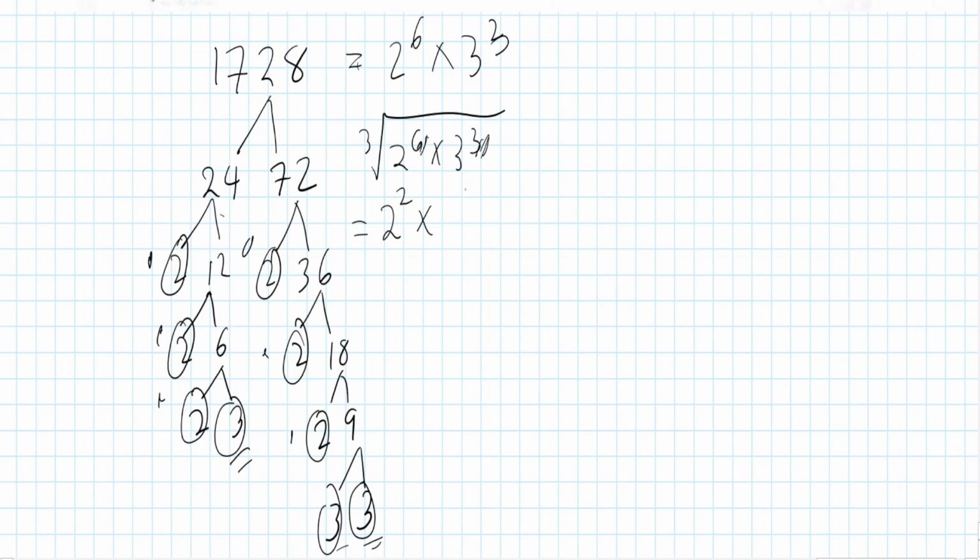And take 3 divided by 3 as well to give you 1, because this is the same as raising to the power a third. 6 times a third is going to give you 2, and 3 times a third is going to give you 1. So 2 squared times 3 is 4 times 3, which is 12.